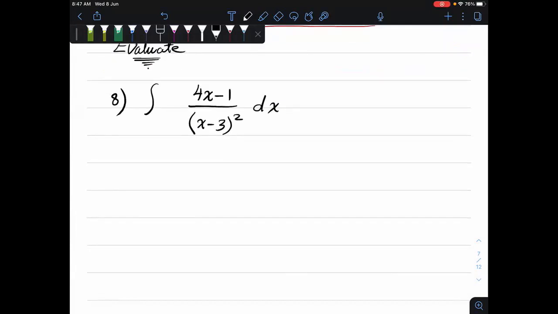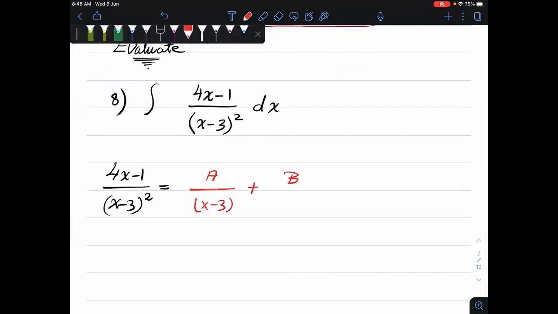First, to write the partial fraction decomposition of 4x minus 1 over x minus 3 all squared, it's a repeated linear factor. So simply it's squared, not cubed. Yes, it's A over x minus 3 plus B over x minus 3 squared.